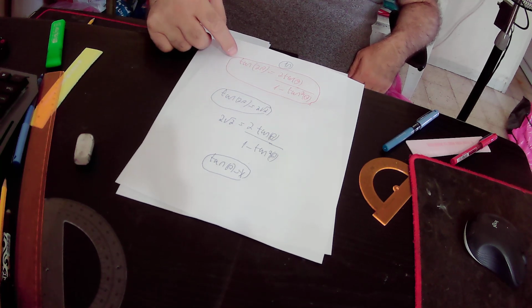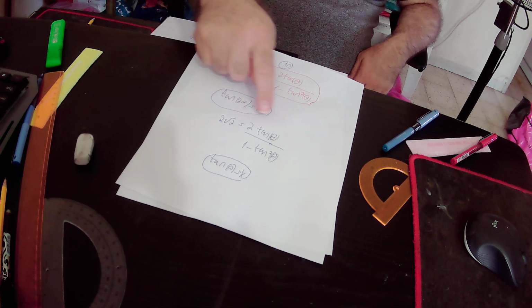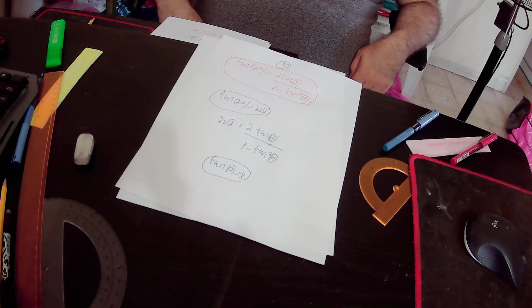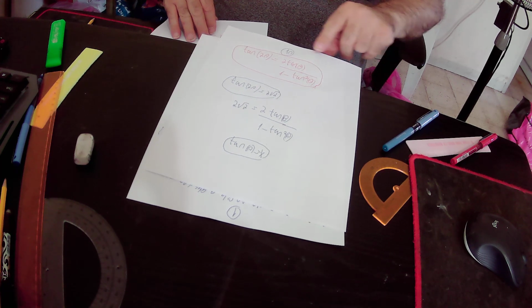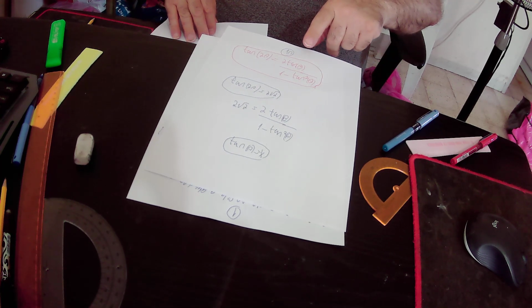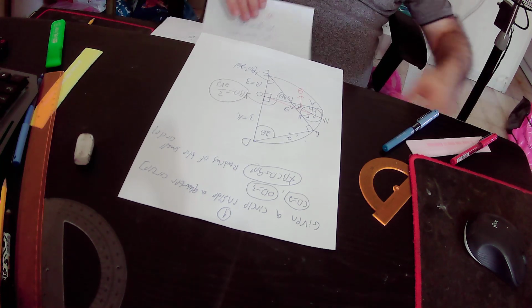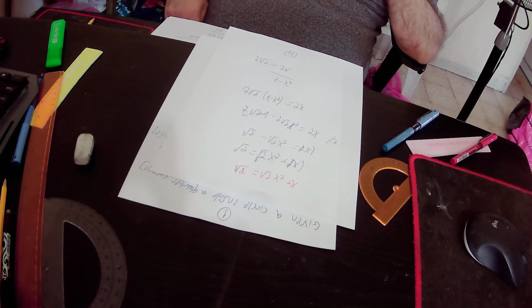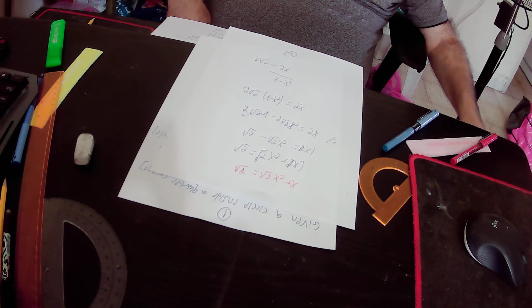We defined tangent theta as x, and we got the equality that 2 times root 2 equals 2x over 1 minus x squared.